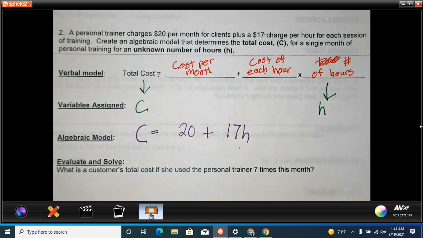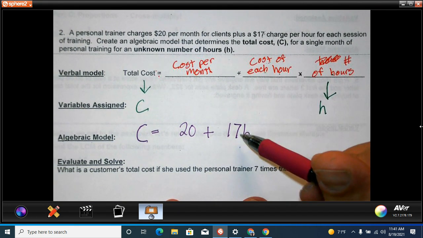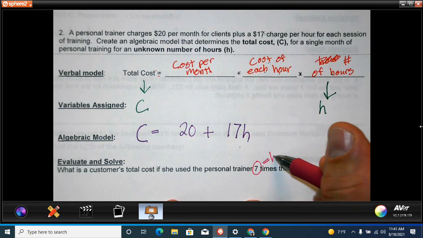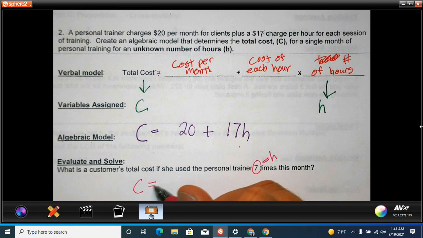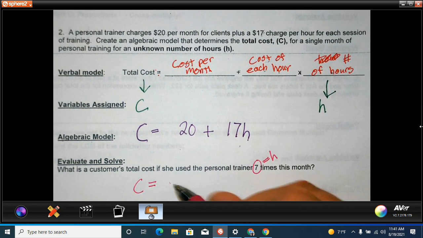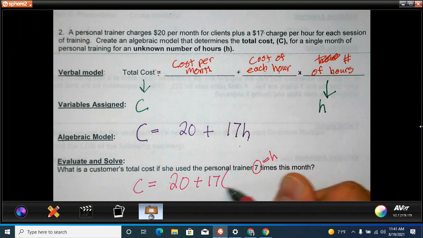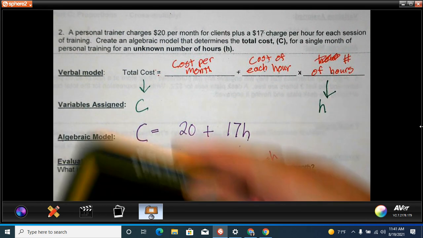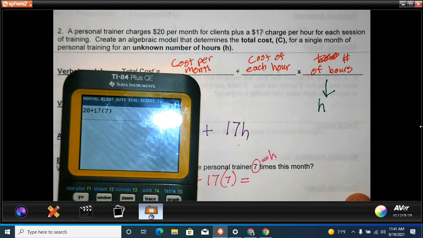All right, so they say, okay, go ahead and solve this when H is 7. So all we have to do to figure out our final cost is substitute in 7 for H. And if you plug all of that into your calculators, you get 139.